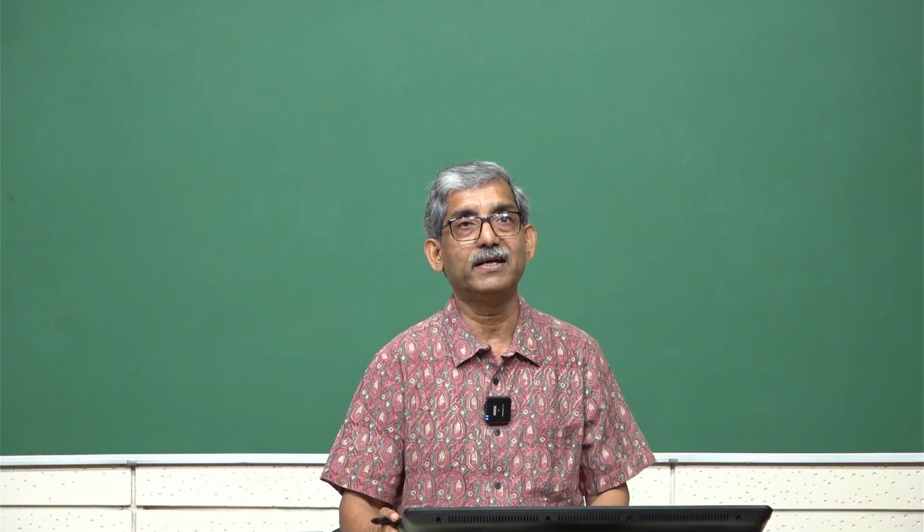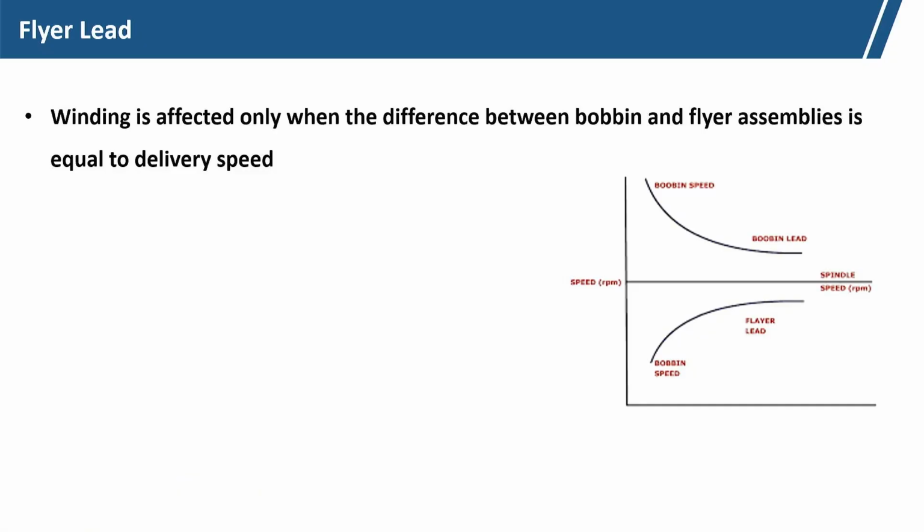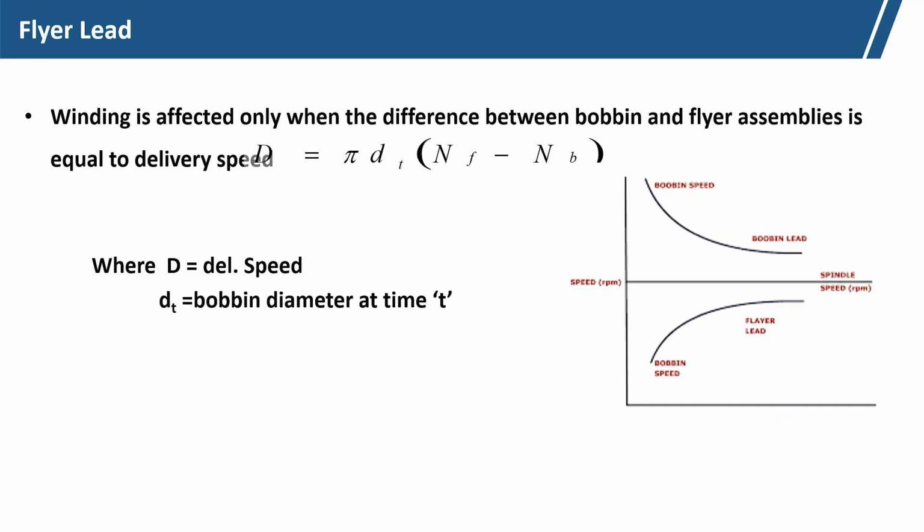and in flare leading, winding is affected only when the difference between bobbin and flare assembly is equal to the delivery speed, that is, Nf minus Nb equals the delivery speed D, and dt is the bobbin diameter at time t.